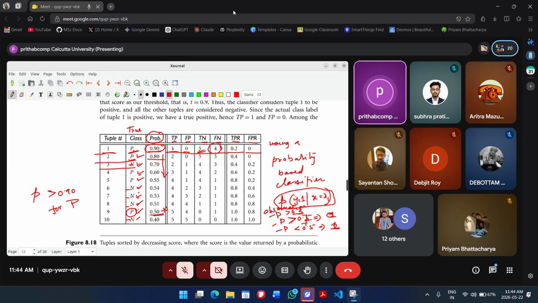TPR is true positive by positive, TP by P, and FPR is false positive by negative, FP by N.